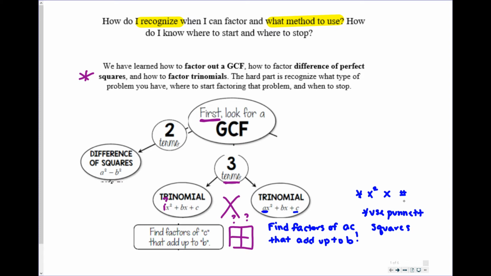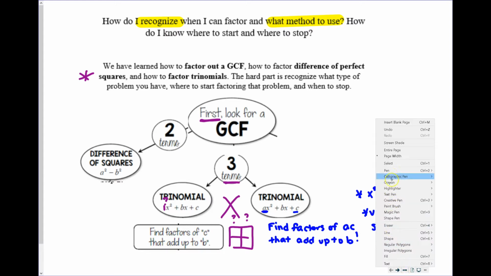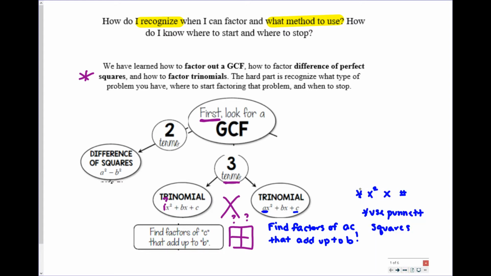Okay? The other option we have is if your problem only has 2 terms, right? After you find the GCF, you suddenly have something that looks like this, something minus something. It might not look like this, you might have something plus something, and we'll talk about that when we get there. But for the most part, you might see something like this, and it might be a difference of perfect squares, okay? And it also might be someplace we stop and not be a difference of perfect squares.